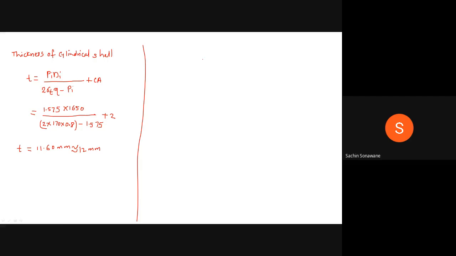Write down the formula: thickness of torispherical head, T is equal to 0.885 Pi into L divided by sigma t into eta minus 0.1 Pi, plus corrosion allowance.